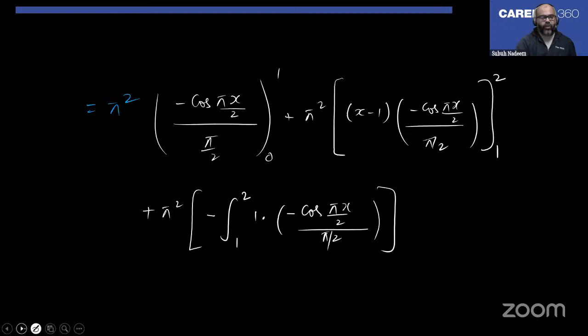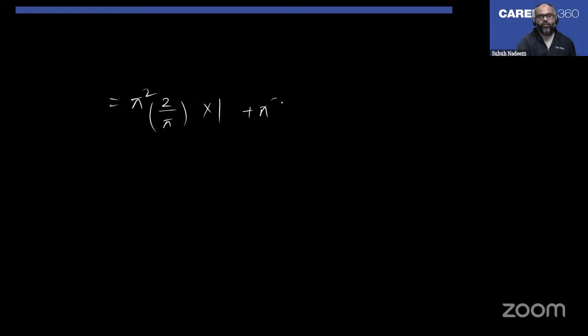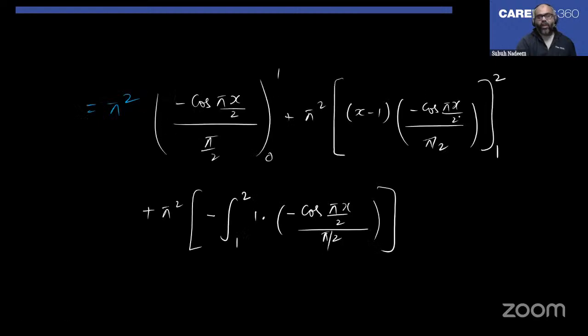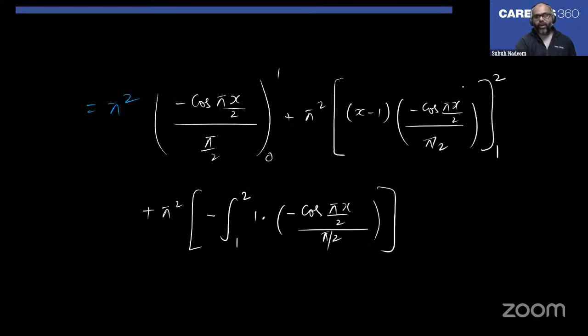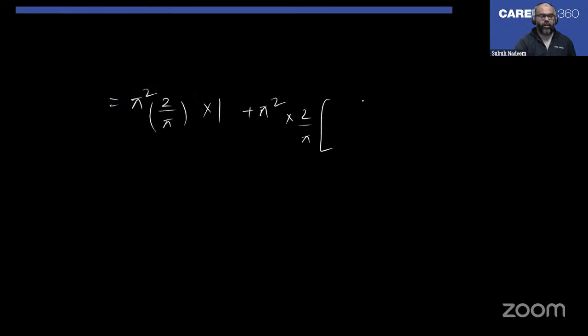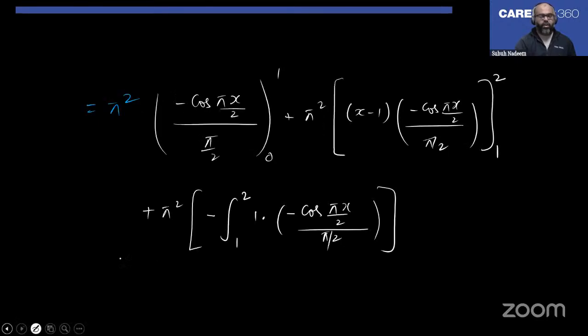Then we have π². And when you put 2, 2 minus 1 will be 1. And here when you put 2, it will become minus cos π, and 2 by π is of course there. So when we put 2 here, it is 1 into cos π, which is minus 1.